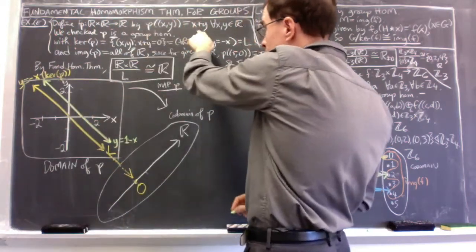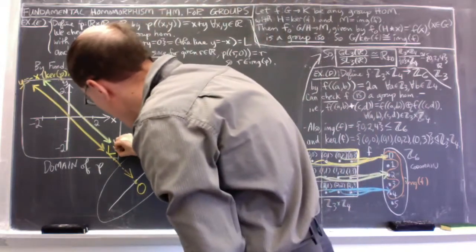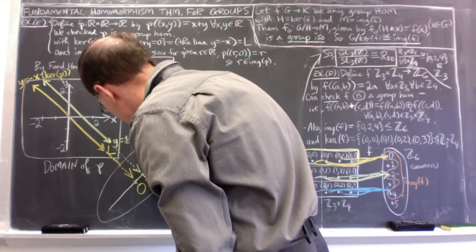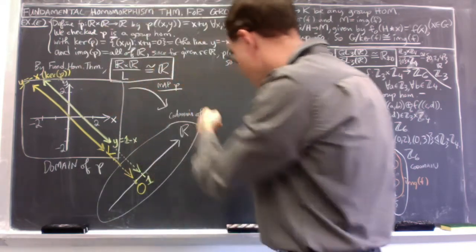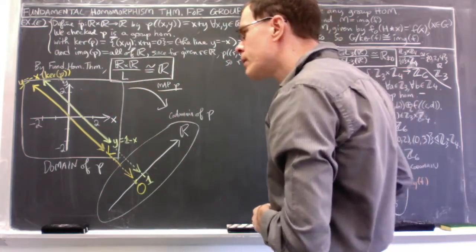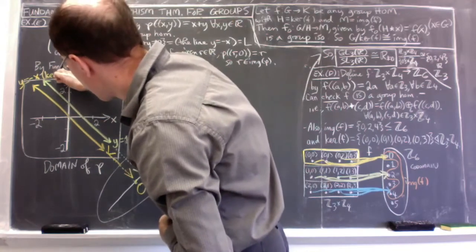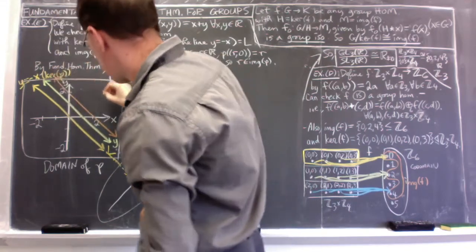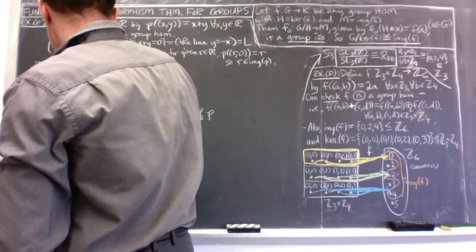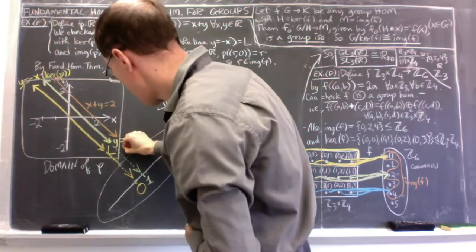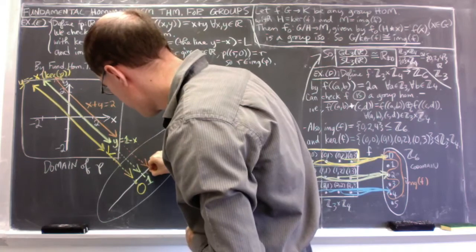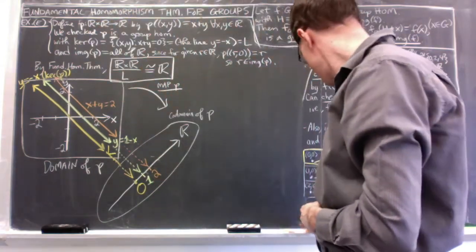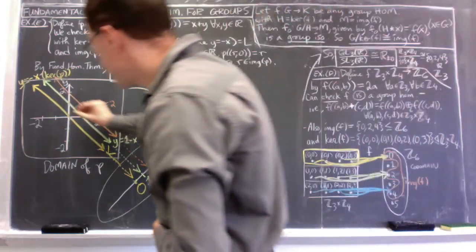That's the set of all points in the plane that get sent to 1 by P. And same for 2. Here's the line x plus y equals 2. All of those points on that line get mapped by P to the number 2. And so on.